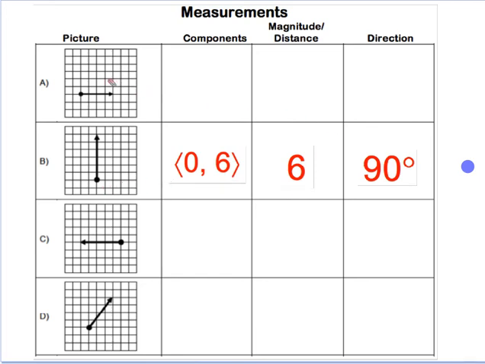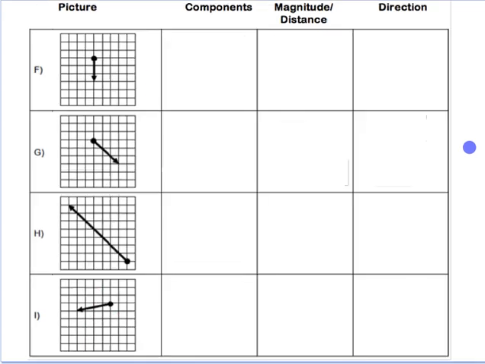Hopefully you can do the rest of these. These ones, your direction would probably be 180 degrees. You guys can figure out the components and the direction. This one I'm going to let you work on, but before you work on that one, let's look at another example.